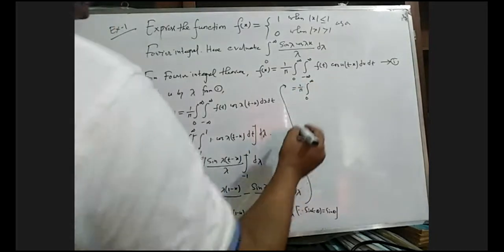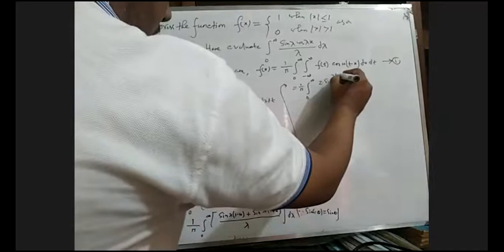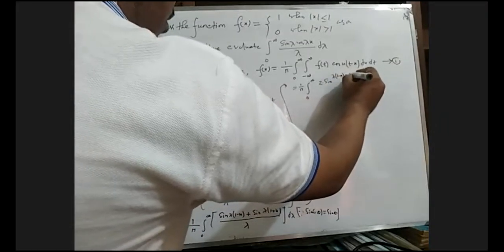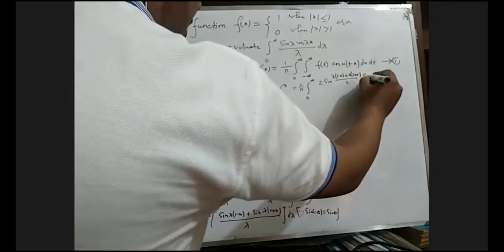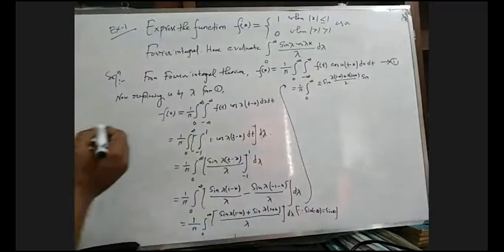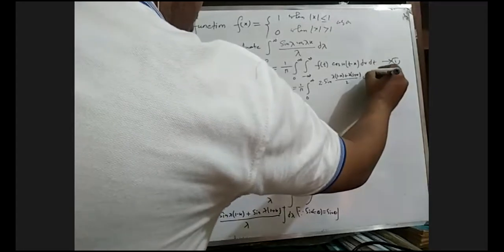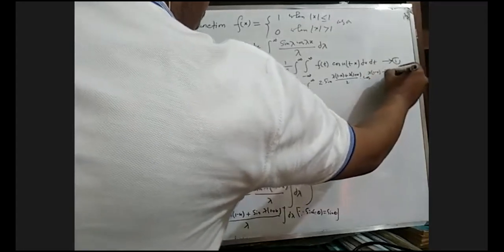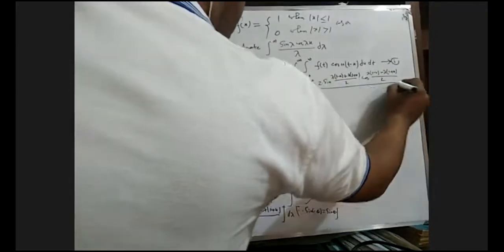Sine C plus sine D formula: 2 sine (C plus D) by 2, with C plus D being (1 minus x) plus (1 plus x) divided by 2, into cos (C minus D) by 2, divided by 2, and divided by lambda, d lambda.